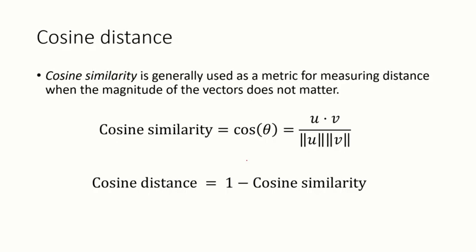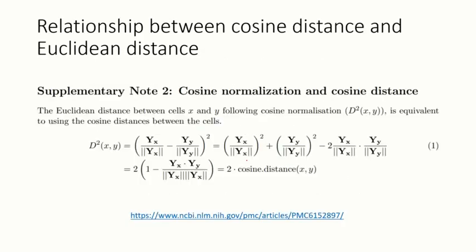So 1 minus cosine similarity is a distance. And if you look carefully at the relationship between cosine distance and Euclidean distance, if these two data points are on the unit circle, then their Euclidean distance squared is the same as 2 times the cosine distance.